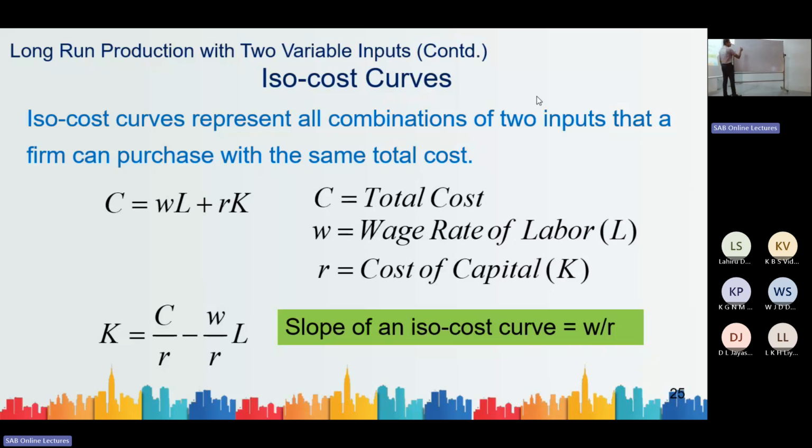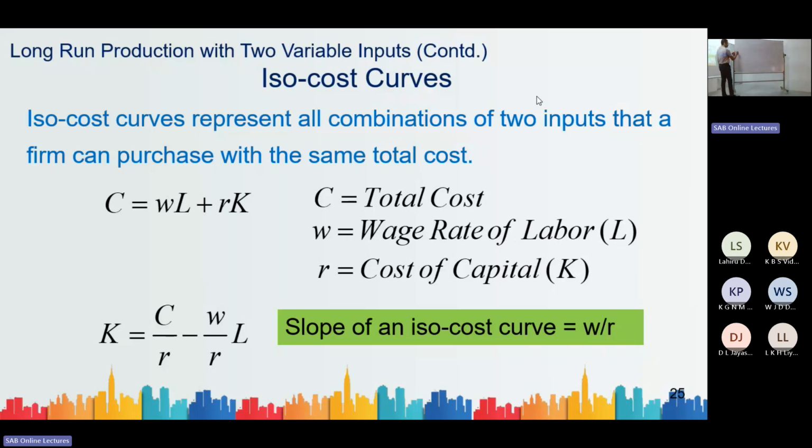We want to keep K apart. As the first step, we keep RK on this side and bring WL to the side of C. So RK equals C minus WL.